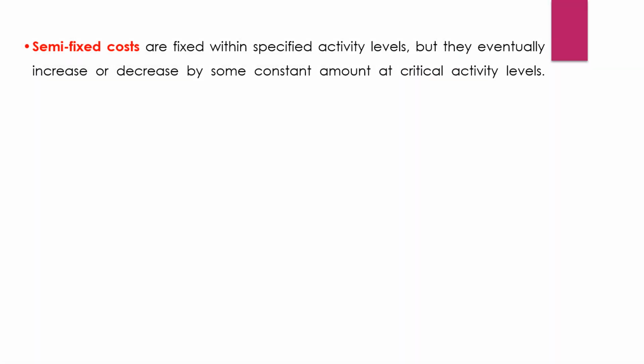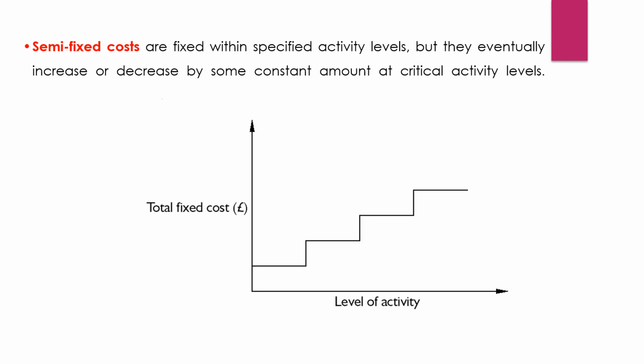Semi-fixed costs are fixed within a specified activity level, but they eventually increase or decrease by some constant amount at critical activity levels. They are expenditures that increase in total as activity level rises, but in a stepped rather than a linear function. Staffing and facility rent would be the best examples for semi-fixed cost.